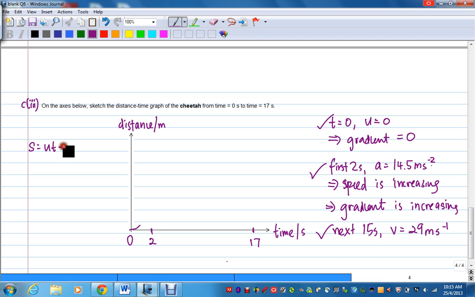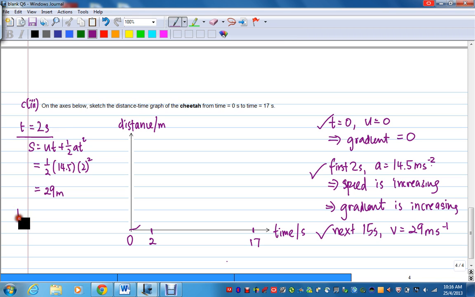Let's use s equals ut plus half at squared. The u for the cheetah initially is 0, so this whole term disappears, leaving behind half at squared. A is 14.5, time is 2, so that will give me 29 meters. So for the first 2 seconds, the distance traveled is 29 meters. So when t equals 2, I will have to mark 29.